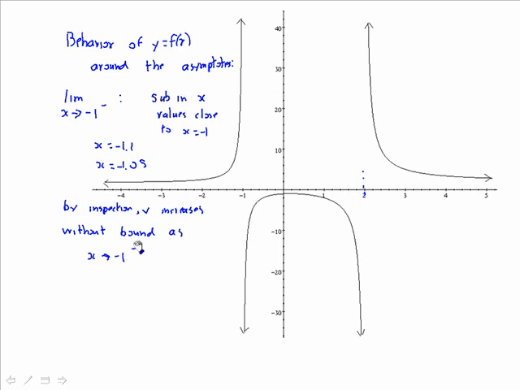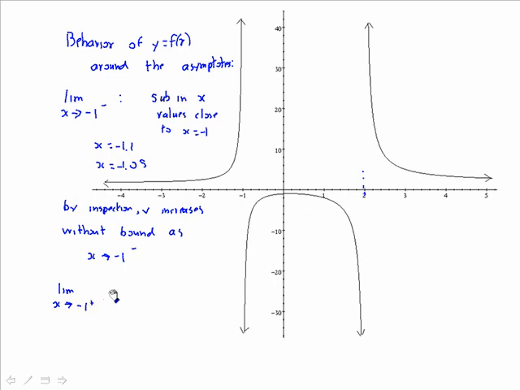Now that's not a lot of fun, particularly when the equation's got a little bit more going on to it. But it will always work. It's kind of an Armstrong method. And then do the same thing if you were trying to find the right-hand limit as x approaches negative 1 from the right.